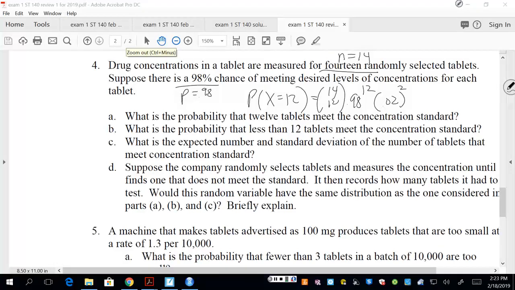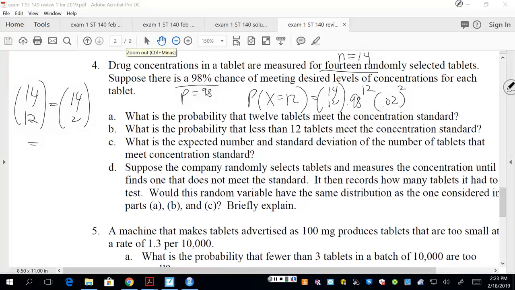What's 14 choose 12? What's a faster way to do that? Just 14 choose 2. Yeah, same as 14 choose 2. It's just 14 choose 2.